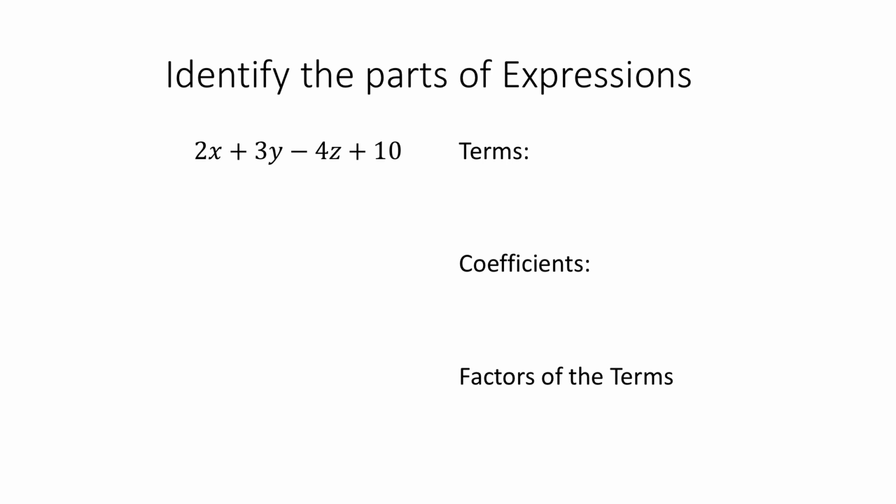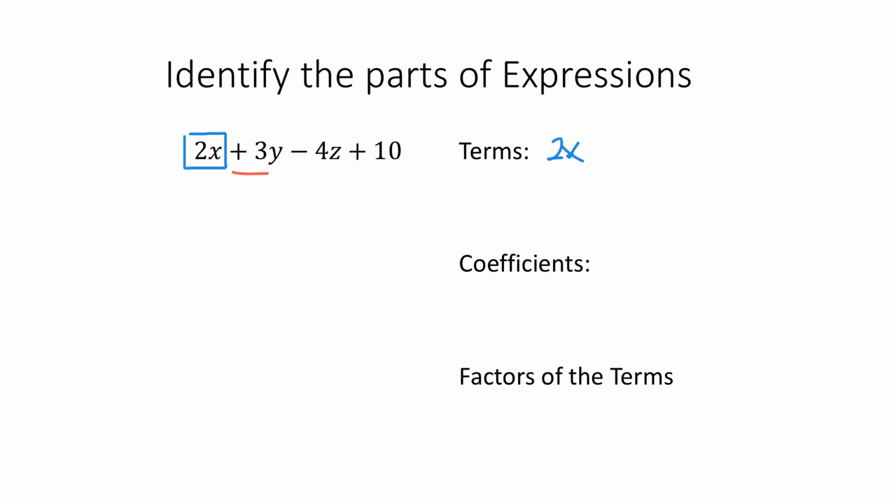So if we look at this specific expression that we have here, 2x plus 3y minus 4z plus 10, what we want to be able to do is identify all the terms that are involved here. Just like what we did before when we were solving equations, I like to use boxes and circles and different shapes to identify different terms. So for example, here we have our first term of 2x, so there is one of those terms.